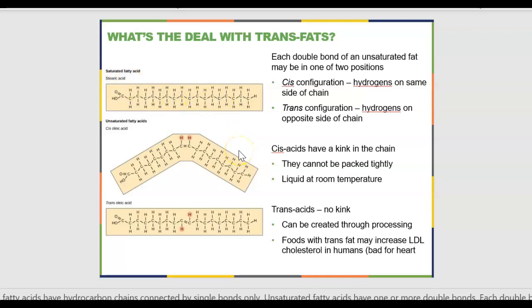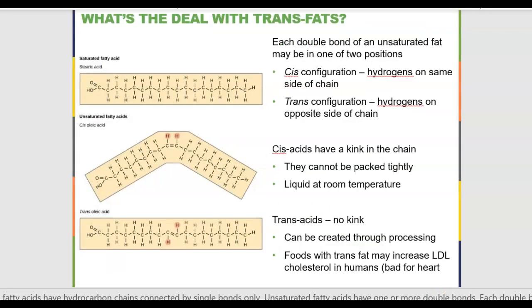But when we look at the unsaturated ones, let's see if I can make this a little bigger. Oh, that is better. All right, so on these unsaturated ones, where there's a double bond somewhere, look at the difference between the cis type and the trans type.